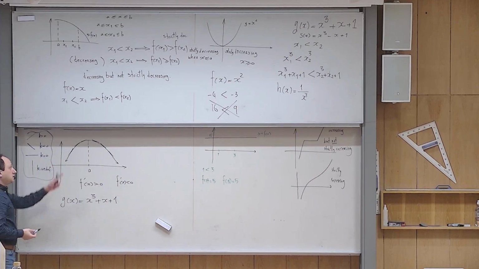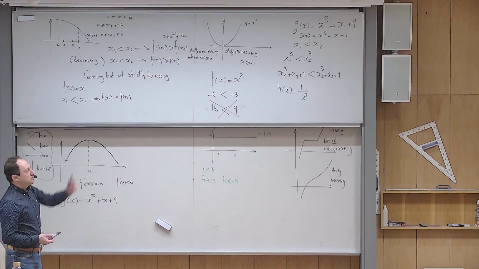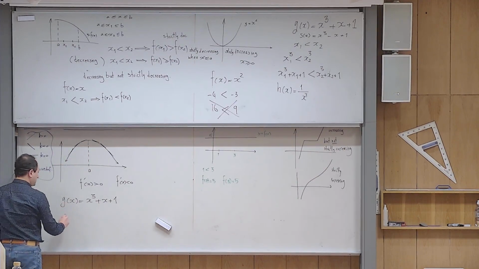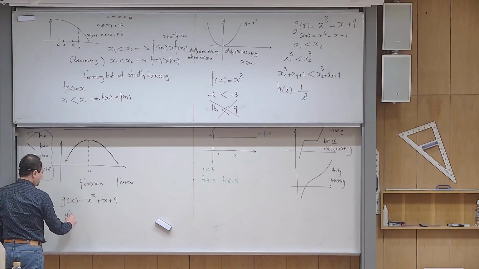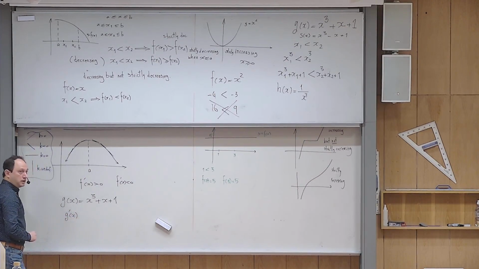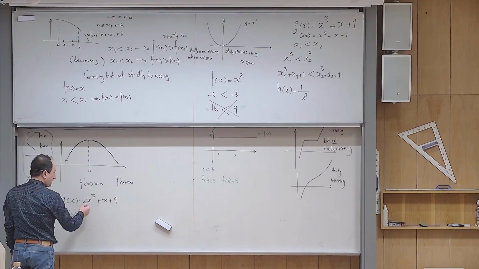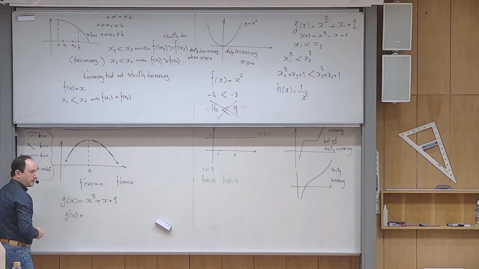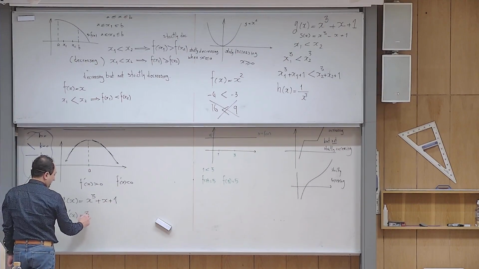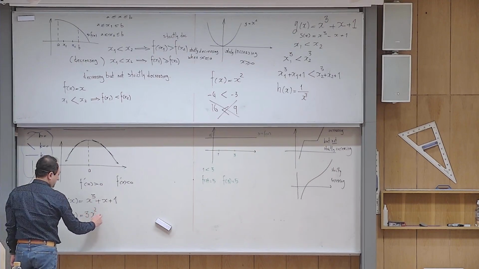Instead of looking at inequalities and solving inequalities like that, the first step that I do is to take the derivative. When I take the derivative, I hope that you haven't forgotten what the derivative is. Yes? 3x squared plus 1.